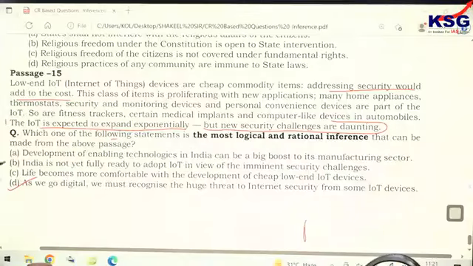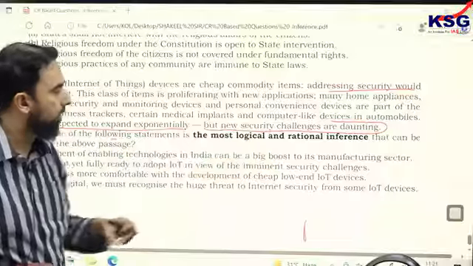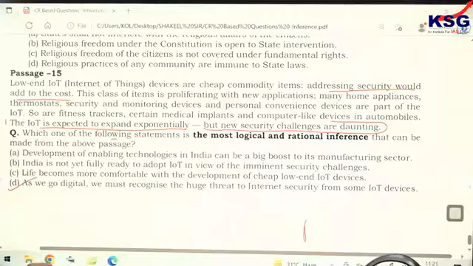Now, if you go for option A, development of enabling technology in India can be a big boost to its manufacturing sector, because the author has specifically mentioned the security issue. New security challenges are daunting. So option A cannot be chosen because it just says development of enabling technology.